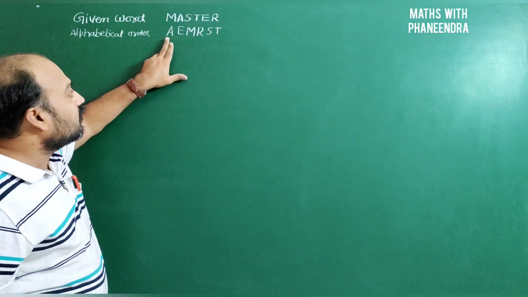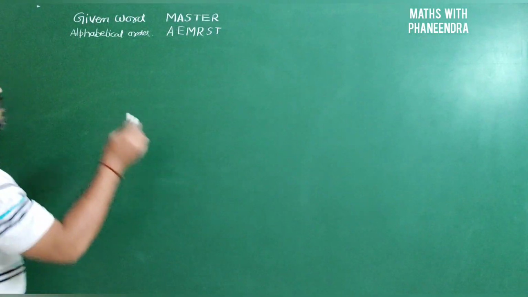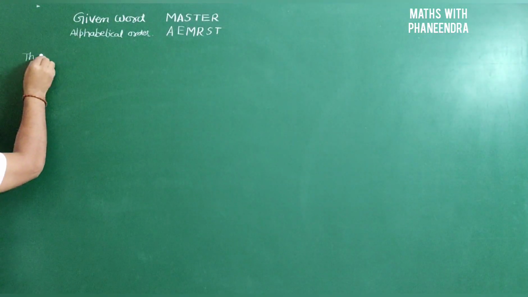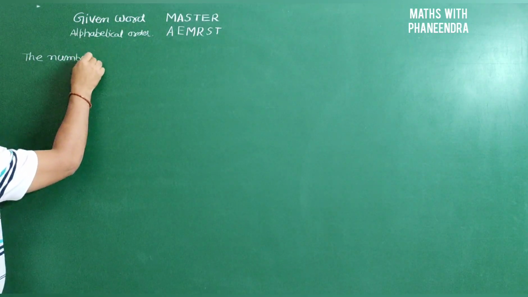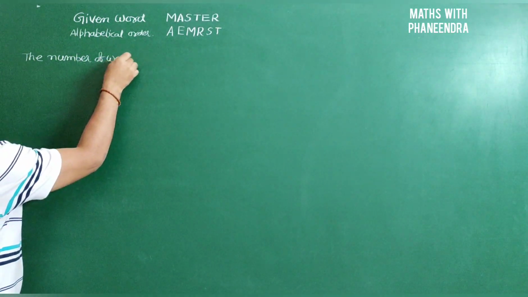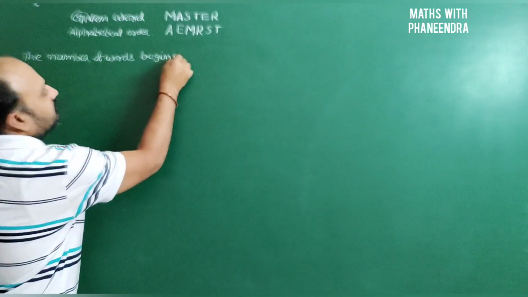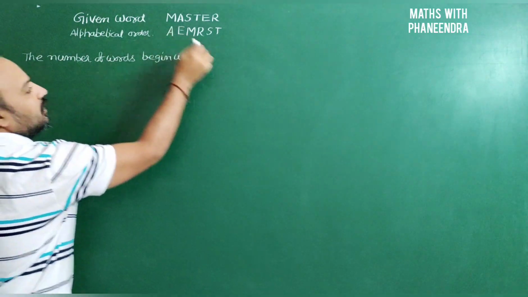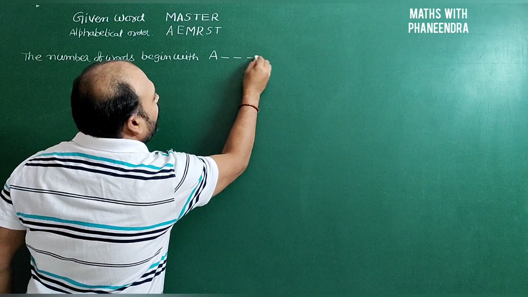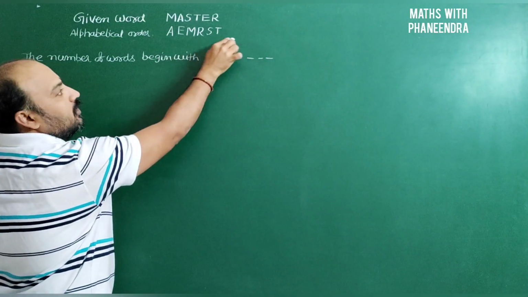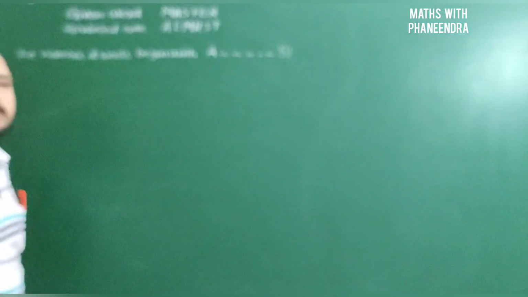So first we have to write the number of words which begin with A, the number of words which begin with E. A, if you fix here, the remaining 5 places, E, M, R, S, T, can be arranged in 5 factorial ways.